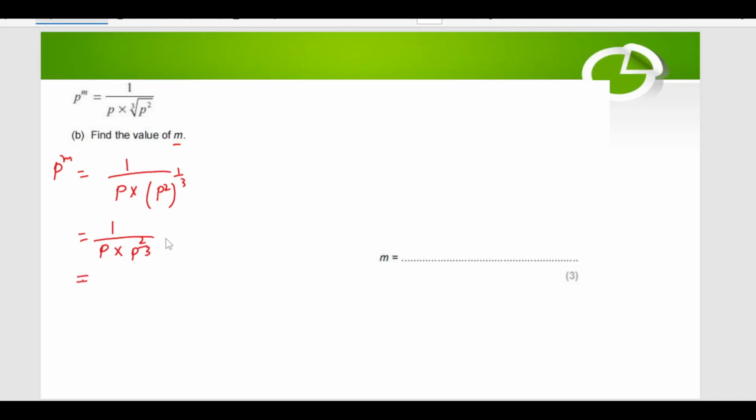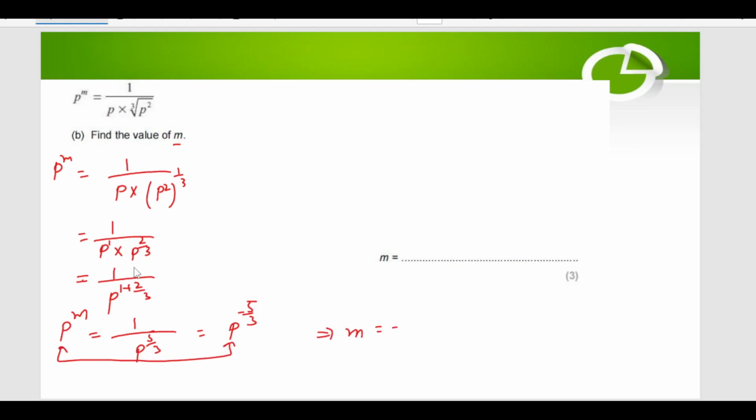Okay, so then you write it like p, this is 1 here, adding, we are using the rule x^m times x^n, so p power 1 plus 2 over 3. So this is 1 over p power 3 plus 2, it's 5 over 3. So this can be written as p power minus 5 over 3, and this is equal to p power m. So if you compare, base is same, so the value of m from here is negative 5 over 3. So m is negative 5 over 3, right?